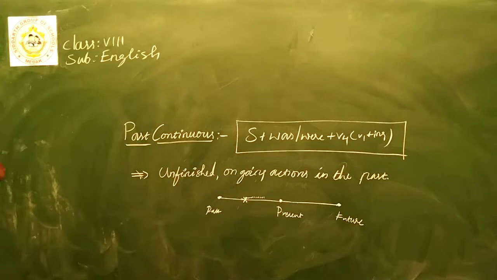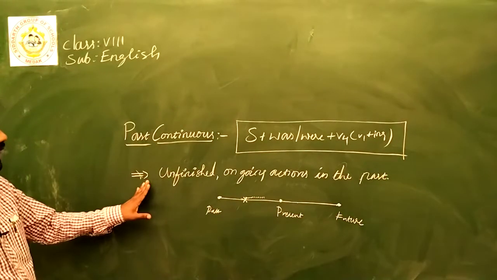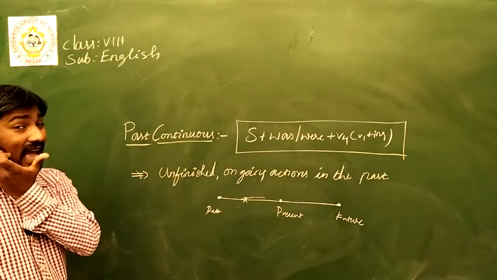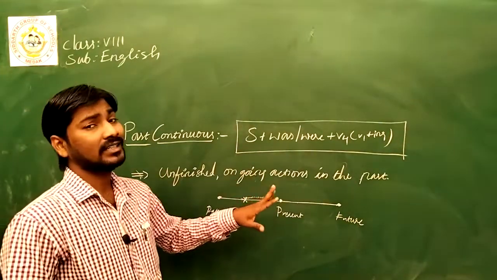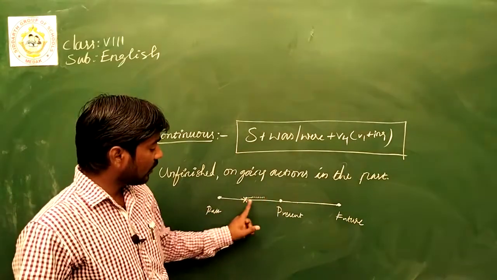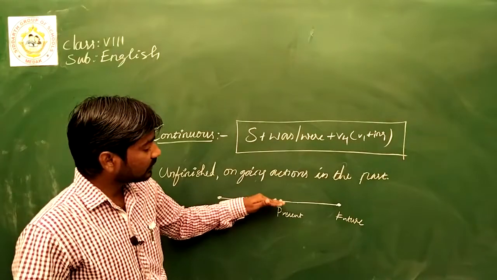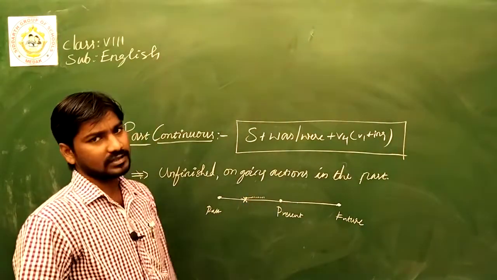If you want, you can draw this timeline also. So where we use past continuous means unfinished actions or ongoing actions in the past. It started in the past and is just continuing in the past.